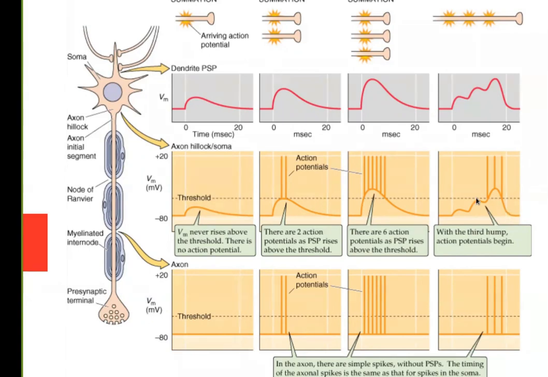And in this case, temporal summation leads to depolarization of the postsynaptic cell membrane. And in this postsynaptic cell membrane, like in this picture, you may see depolarization reach threshold, and as a result, an action potential may start. And these principles are highly important for regulation of our nervous system activity.